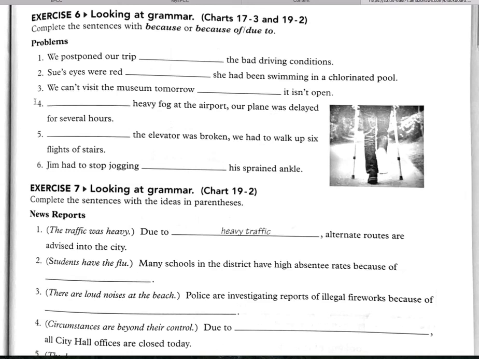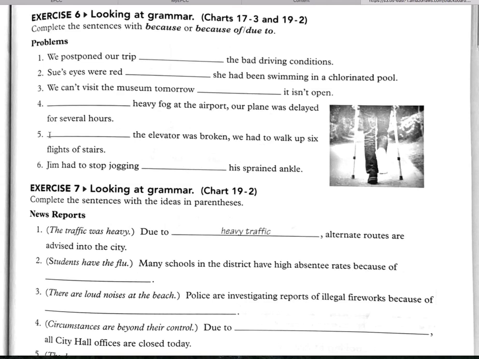Number 4, blank, heavy fog at the airport, our plane was delayed for several hours. And we look at heavy fog. That's a noun object. So we say, because of heavy fog at the airport, or due to heavy fog at the airport.